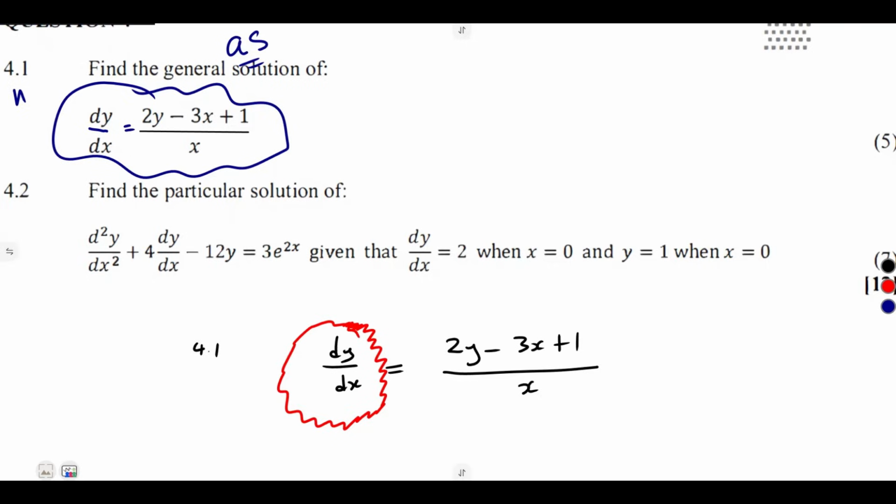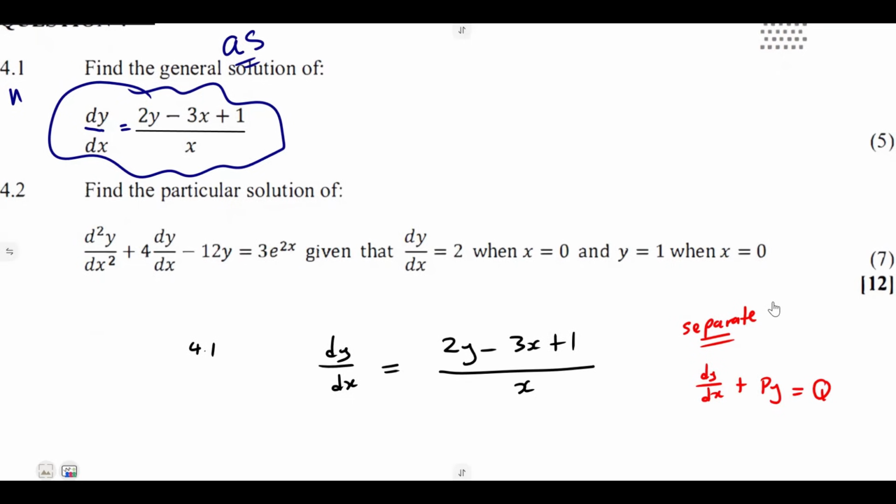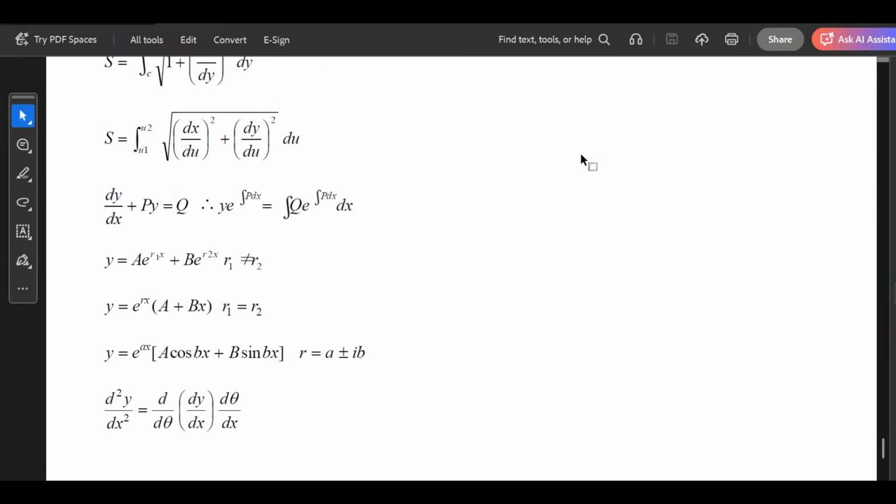For the first order linear differential equation, we must be able to separate the variables that we are given, x and y, in the format dy/dx plus py is equal to q.